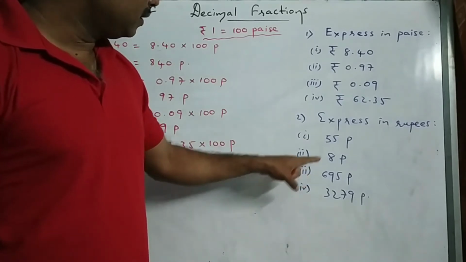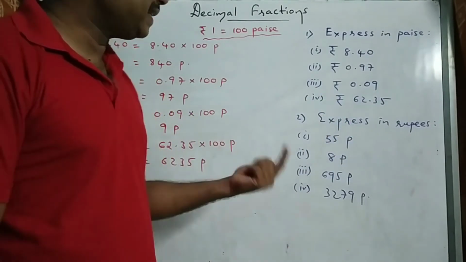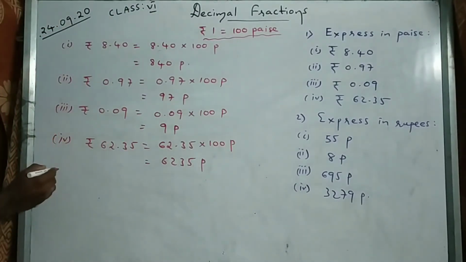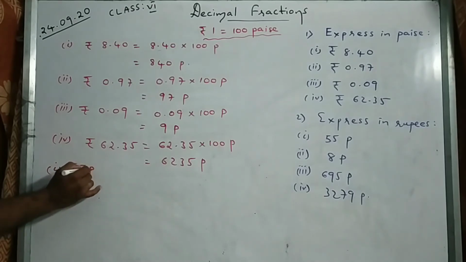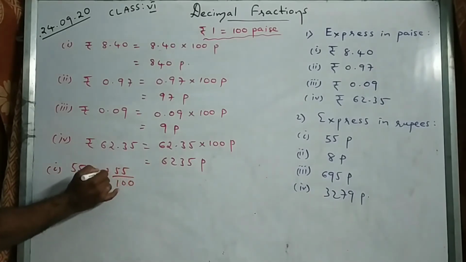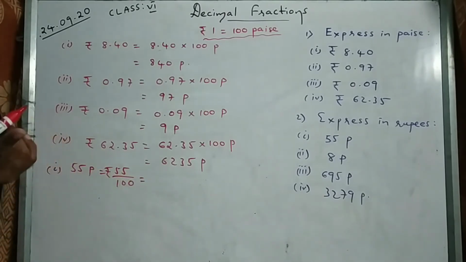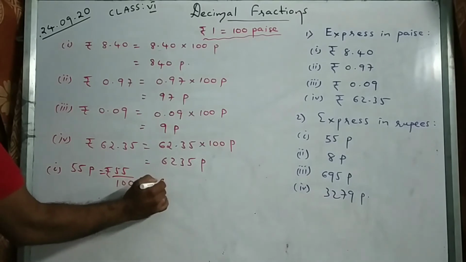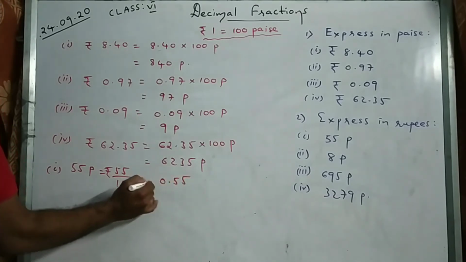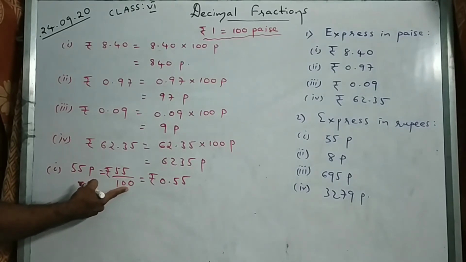Second question, to change pies into rupees, what should you do? You have to divide, right? So 55 pies means 55 by 100 rupees. Now you have to keep the decimal after 2 digits, so 0.55 rupees. Here you have 2 zeros.